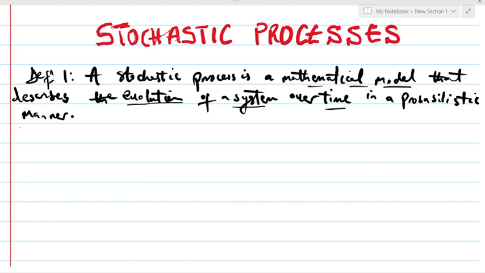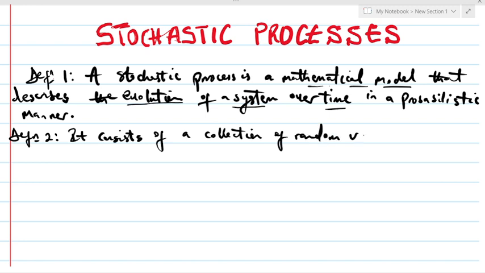Another definition that I believe conveys this concept more clearly: a stochastic process consists of a collection of random variables indexed by time, majorly by time, sometimes by other parameters.